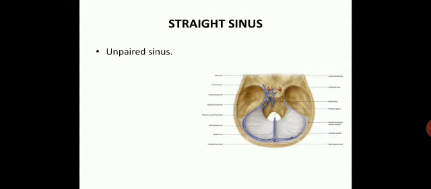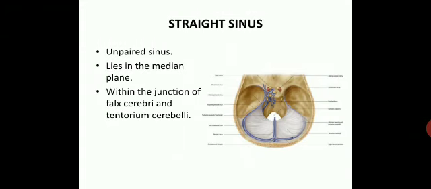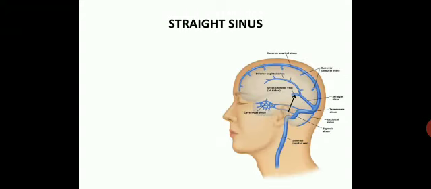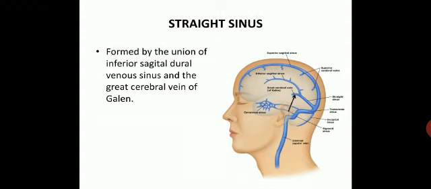Straight sinus. It is an unpaired sinus, lying in the median plane at the junction of the falx cerebri and tentorium cerebelli. It is formed by the union of the inferior sagittal dural venous sinus and the great cerebral vein of Galen.